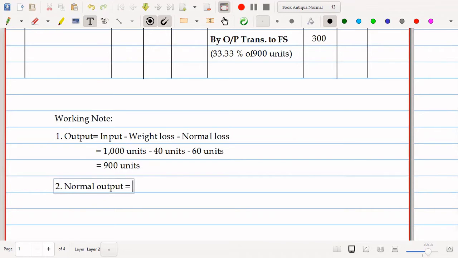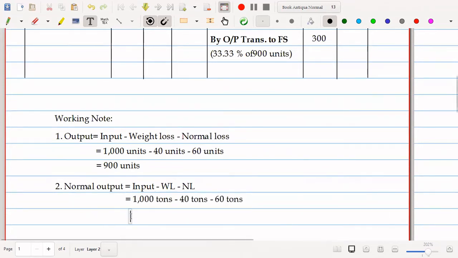Normal output is equal to input minus weight loss minus normal loss. Same formula is applied. 1000 tons minus 40 tons or units and 60 tons or units.